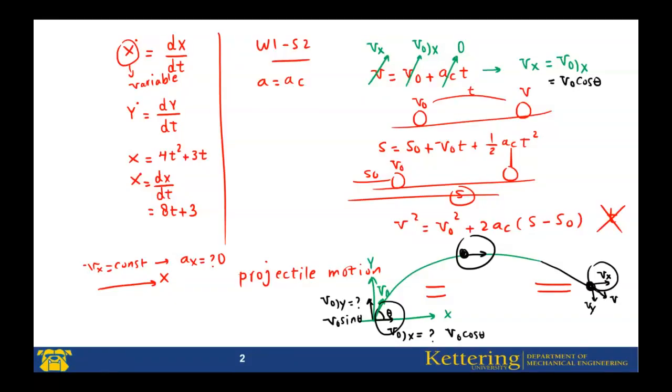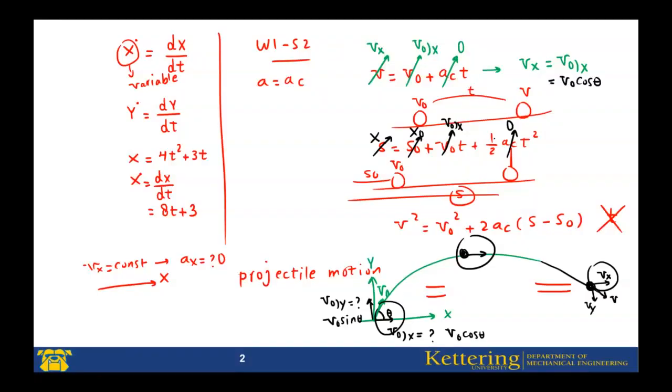Now, also along the x direction, if I use the second equation, instead of s I can put x, instead of s0 it is the initial coordinate x0, and instead of v0 it is v0x.